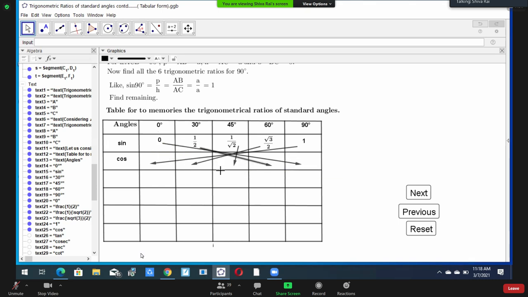Now let's see what are these values. 1, here root 3 by 2. What here? 1 by root 2. What here? 1 by 2. What here? 0, like this.